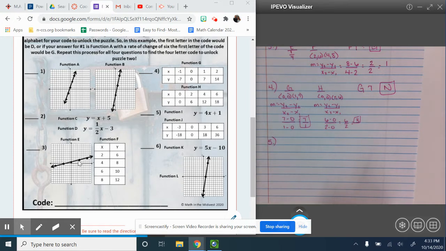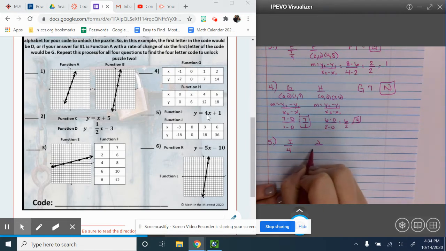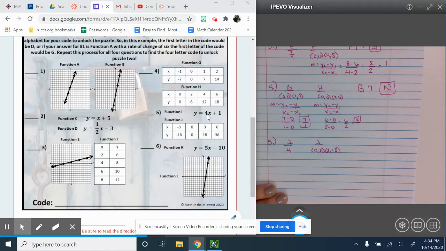Number 5, we're given I and we're given J. I is an equation right here, y equals 4x plus 1. My slope is the number in front of my x, so it's a 4. And then for J, we're going to have to pick points on the table. I'm going to use (0, 0) and (3, 18).